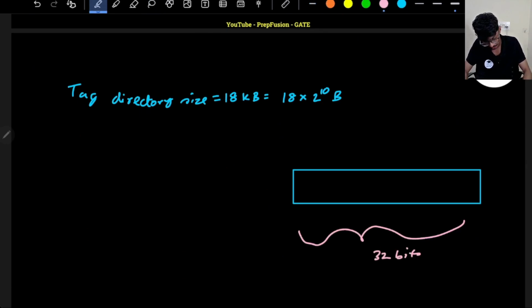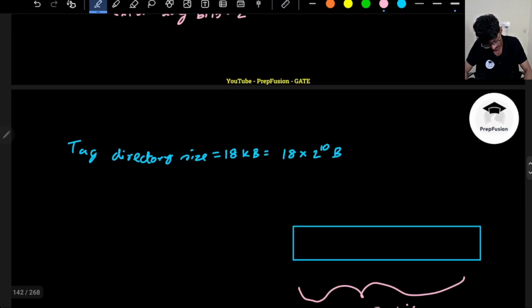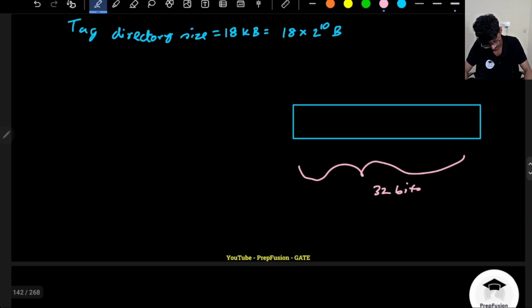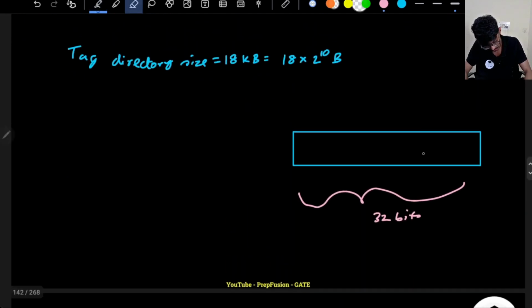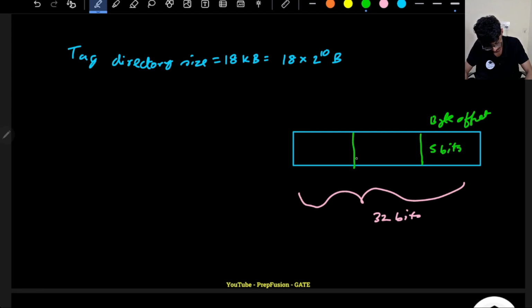So this whole thing is 32 bits, and out of which the byte offset is of 5 bits. That is the byte offset. And here I will have the set offset for set associative mapping, and this will be the tag.